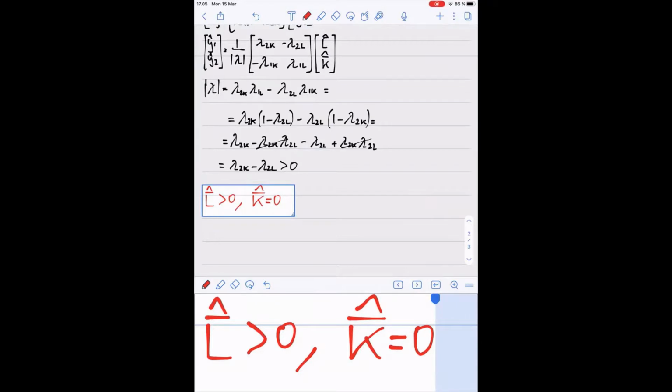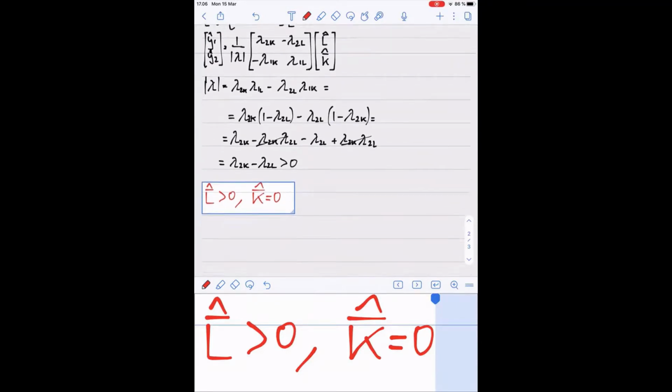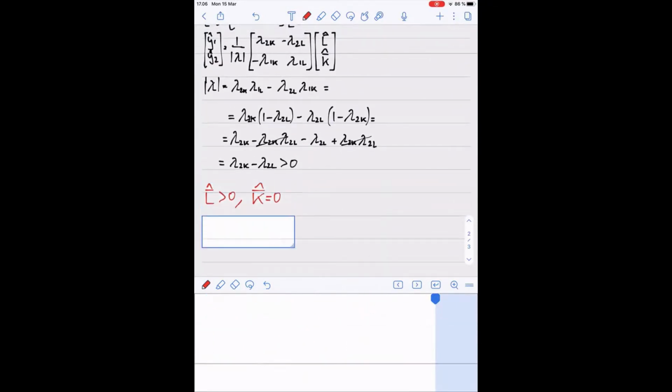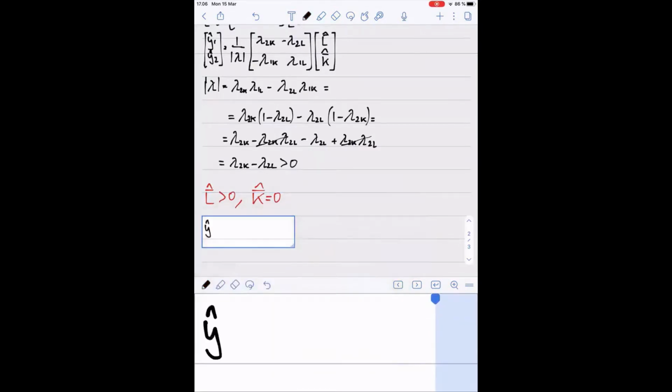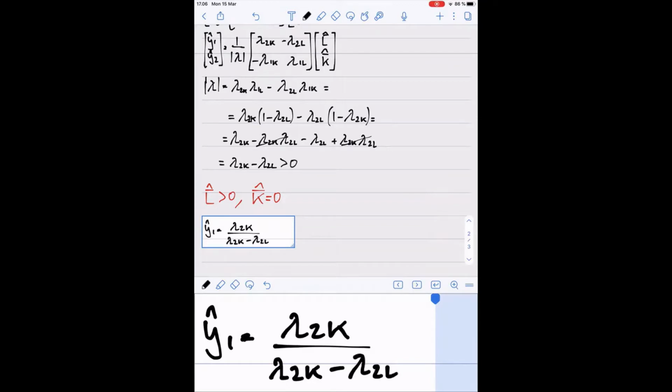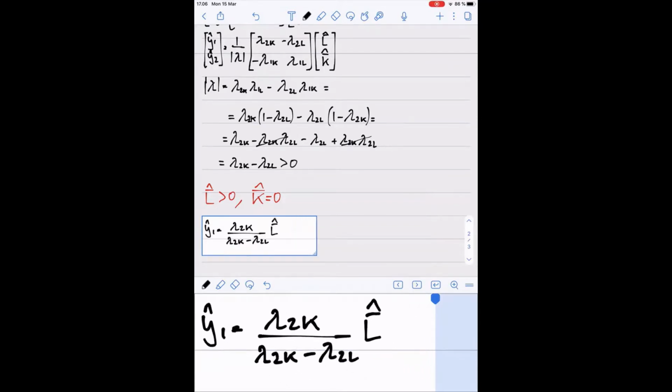Well, let's solve our matrix there. So what we have is that y hat 1 is equal to lambda 2k over lambda 2k minus lambda 2l times L bar hat, right? And this term is positive.